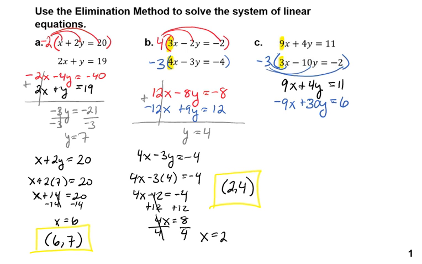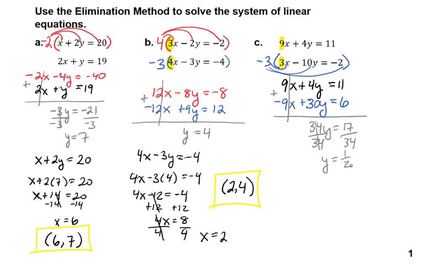From here, we'll add our two equations, and our x's will cancel out as we had hoped, leaving us with 34y equals 17. From here, we'll divide both sides by 34, giving us y equals 1/2.